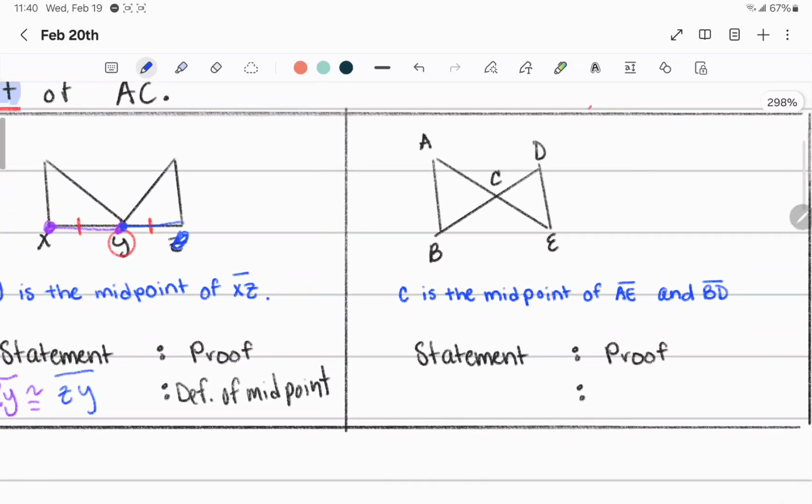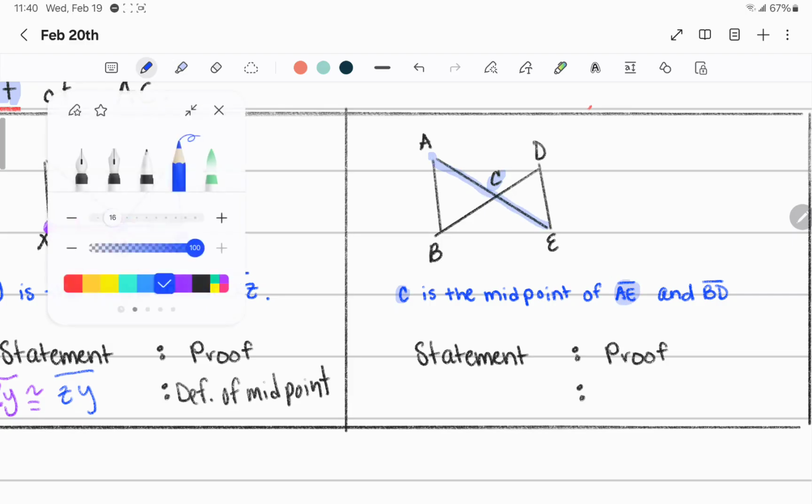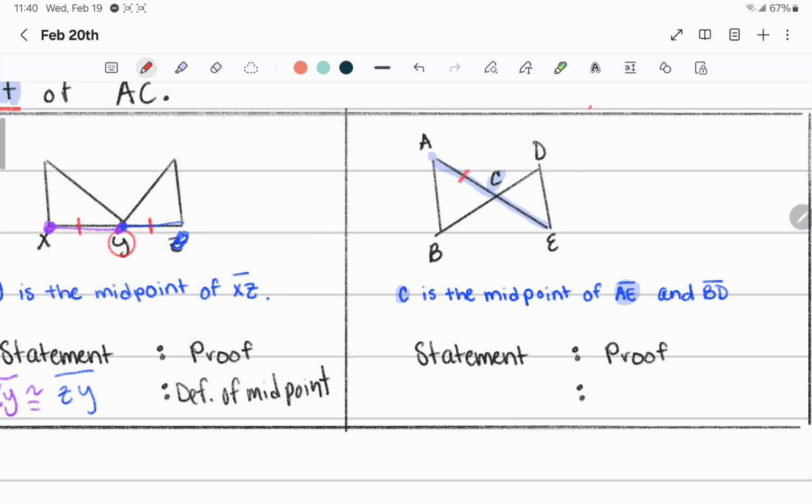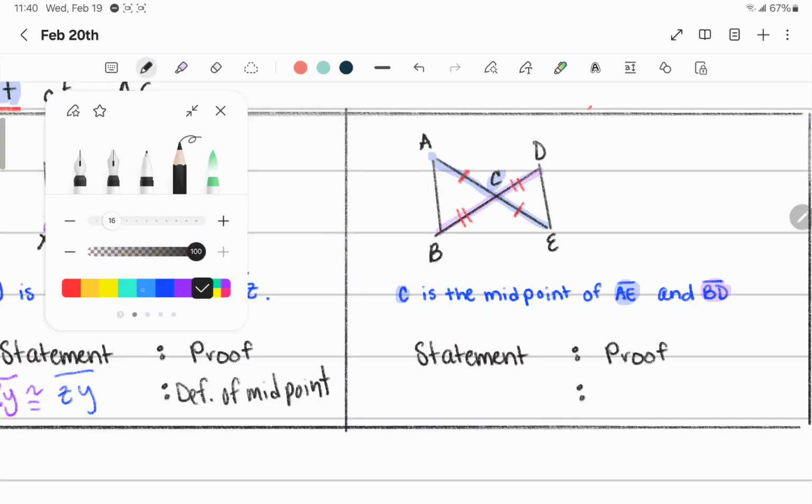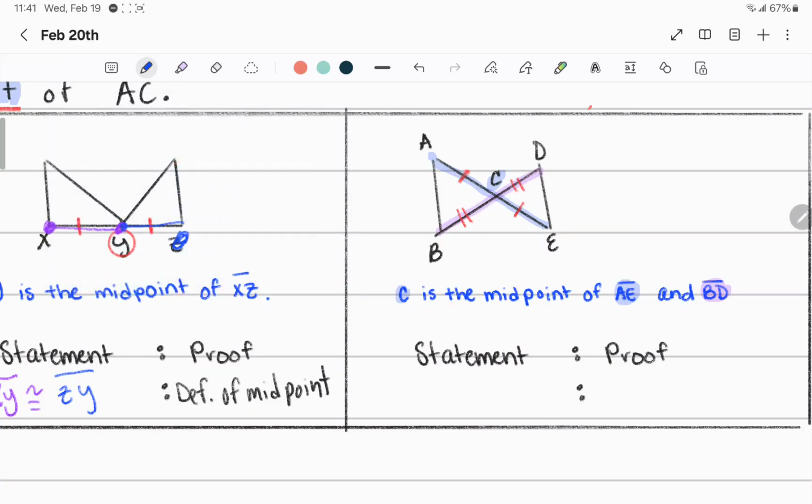Next example. C is the midpoint of AE, so that's this one. So we want to mark 1 to 1. And it says that it's also the midpoint of BD. So we want to mark 2 to 2. So when you do your statements, this one's going to have two sets of statements. Let's do the blue one first.